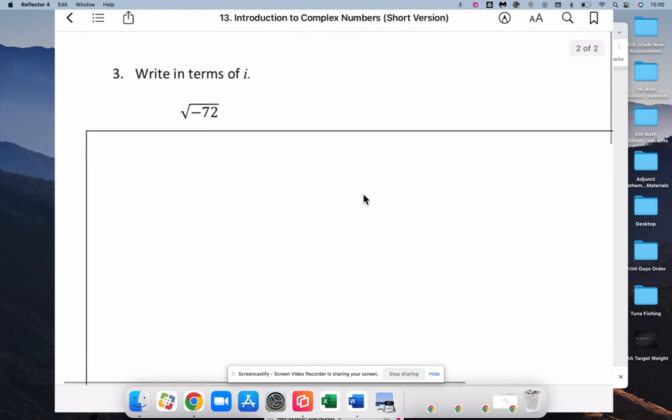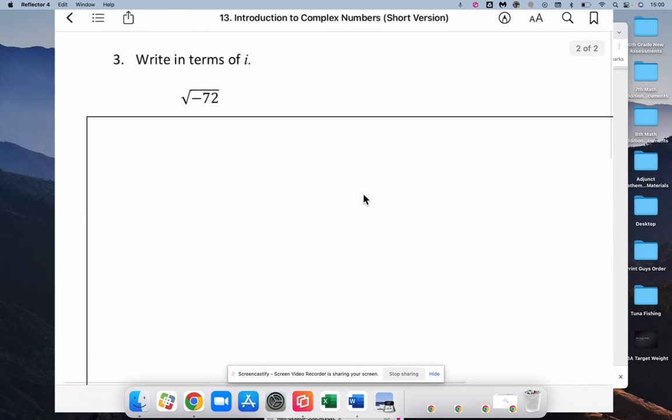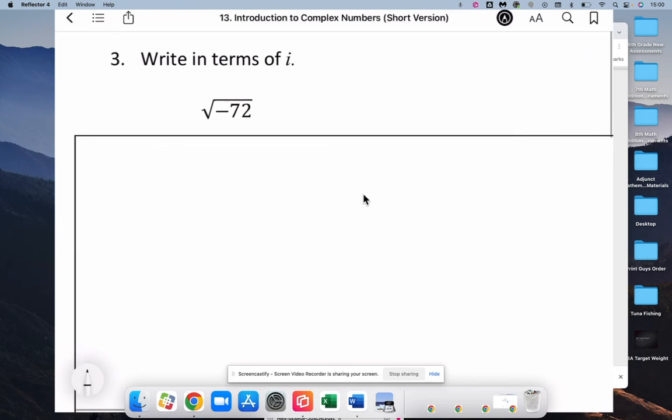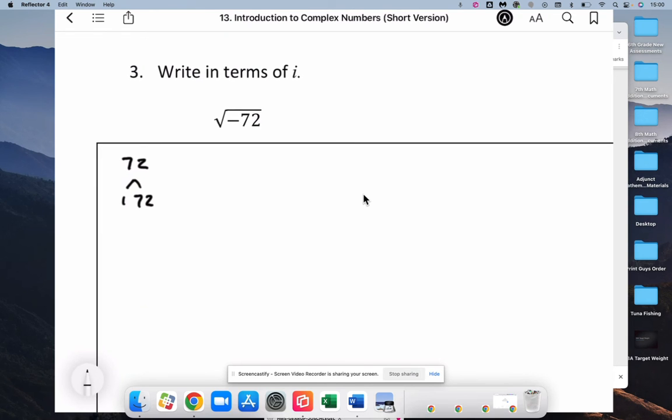And number 3, similar to what we've done before. Square root of negative 72, so 72. Factors are 1 and 72, 2 and 36, 3 and, no, 24, 4 and 18, 6 and 12, 9 and 8.